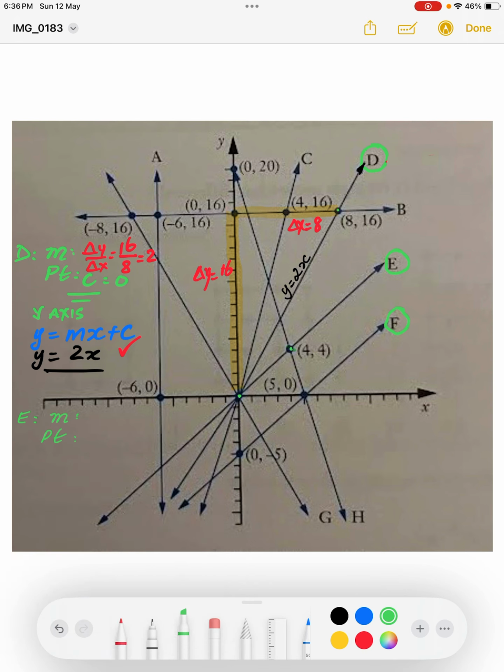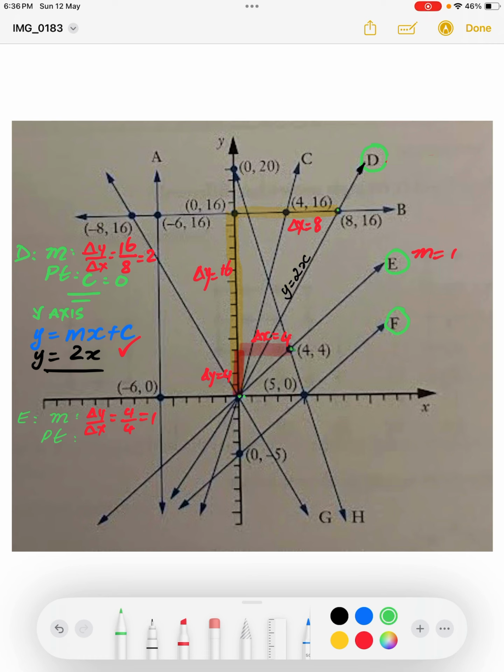So we're going to go up 4 and across 4 to that point. So our delta y is up 4, our delta x is across 4. The gradient delta y over delta x is 4 over 4. It's got a gradient of 1.